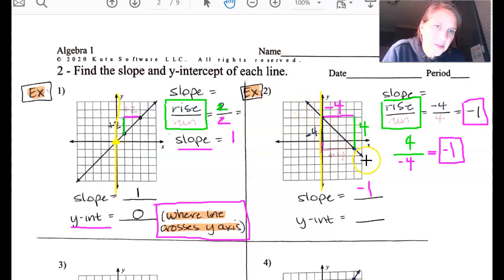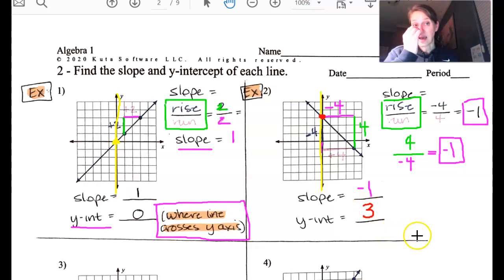So you can see the line is right here, and you can see it crosses the y-axis right there. If we start counting at the x-axis, we go up 1, 2, 3. So the y-intercept is 3. It crosses the y-axis at 3. And now we're done. So we found the slope and we found the y-intercept. That's all we needed to find.